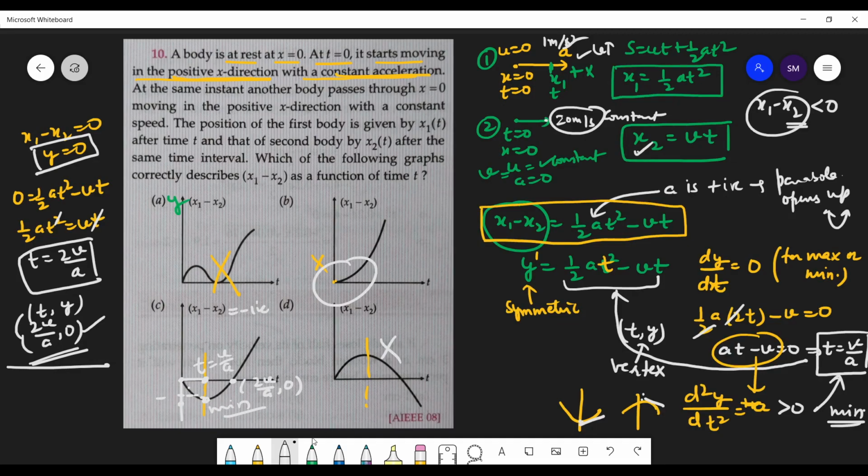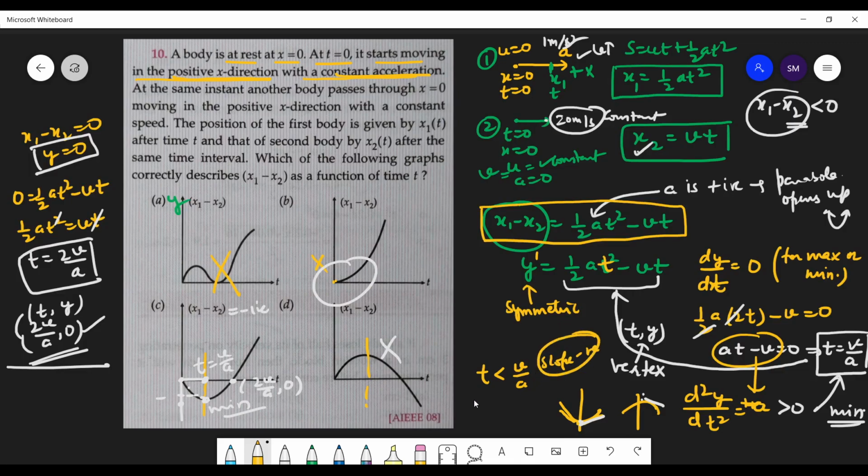Now again, it has already told you that this is a minima, right? So for minima, the slope is negative before and then it's positive. So before time v by a, slope is negative.